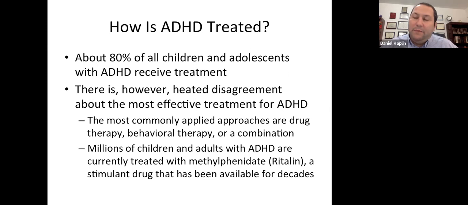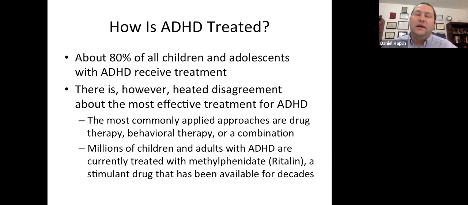Some people want to prescribe a psychostimulant, things like Ritalin or Adderall. Some say you can accomplish treatment for ADHD with purely behavioral therapy. And then there are people who say we should have behavioral therapy and adjunctive pharmacology, which is where I land.